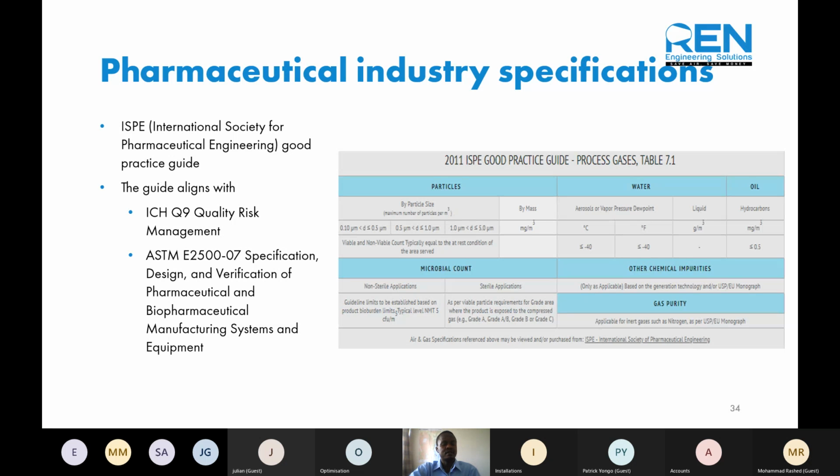We recommend that for pharmaceutical and food where there is direct contact, then the best would be to go for class 0 oil, at the very least class 2 for water, which is negative 40 degrees Celsius, and class 1 for particles.